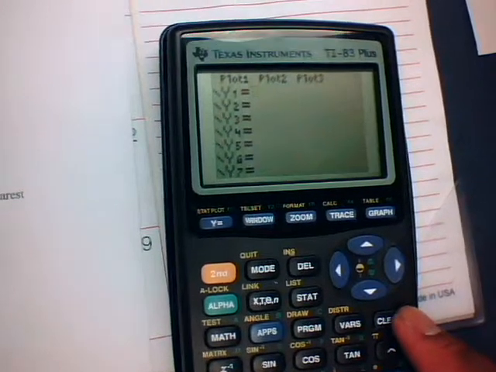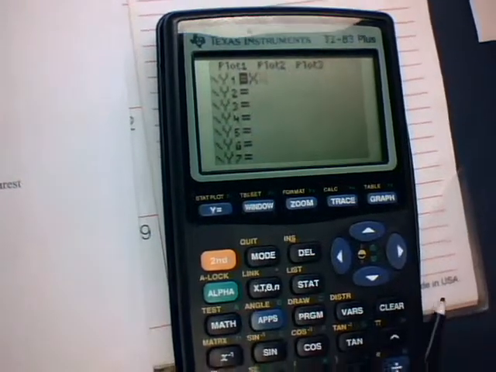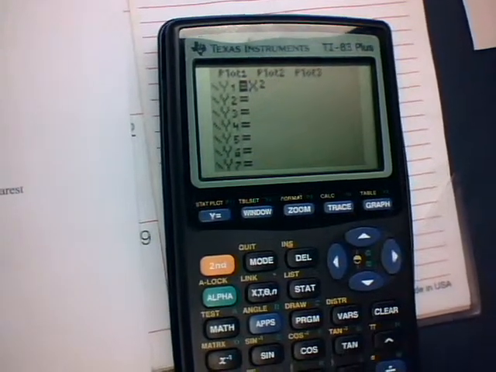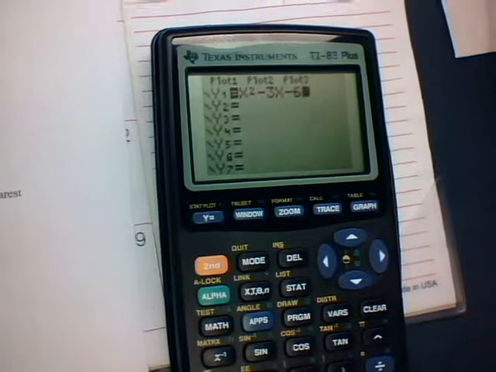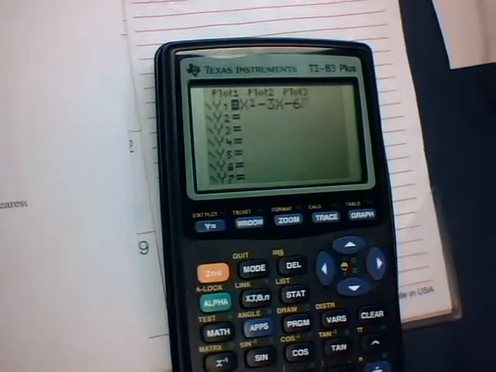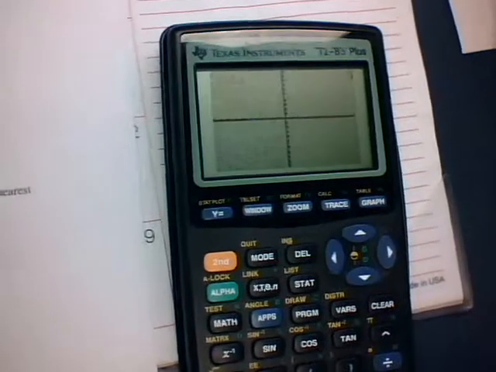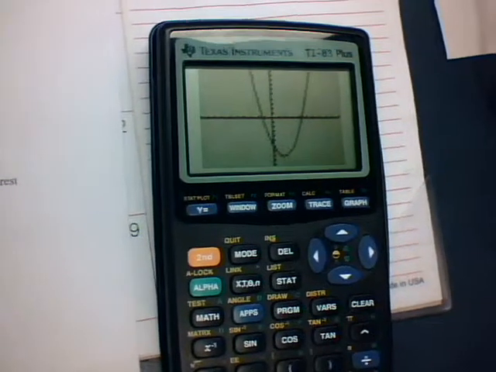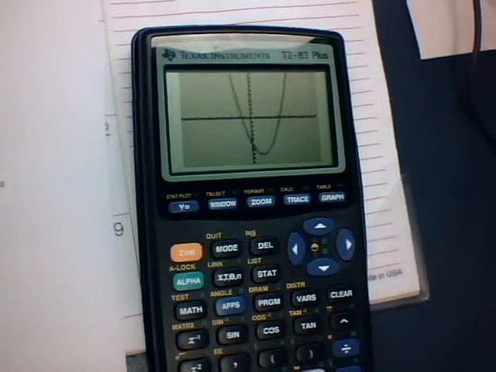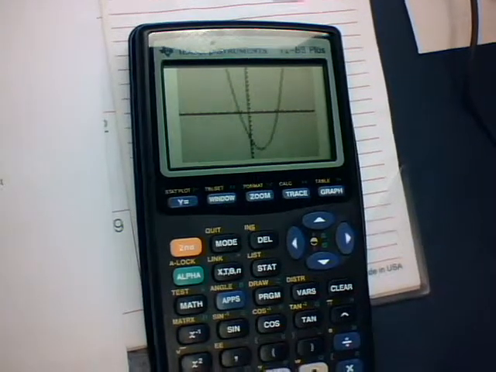And we're going to type in x squared, and then the x squared button for your exponent of 2, minus 3x minus 6. And press zoom 6 to be on the safe side. And that is the graph of the equation y is equal to x squared minus 3x minus 6.